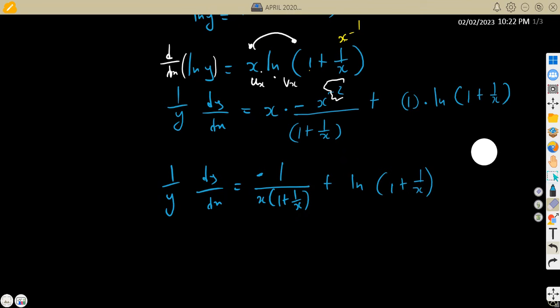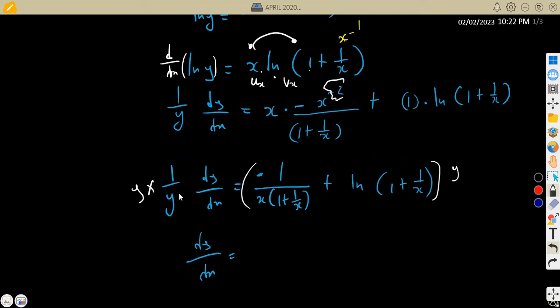All right, so if you check here, there is 1 over y. We need dy/dx, not 1 over y. So if we multiply both sides by y, that automatically cancels the value of y on this side. We do the same thing on the other part: we multiply whatever we have by y.